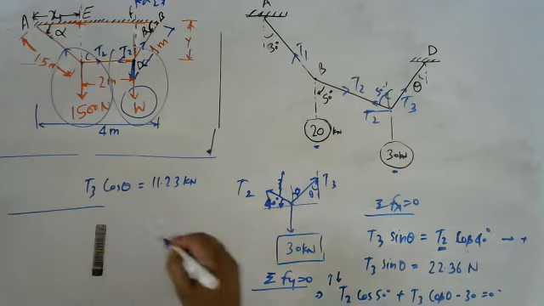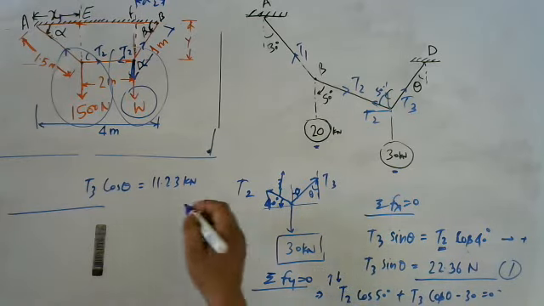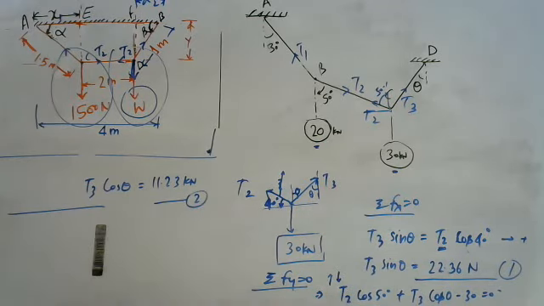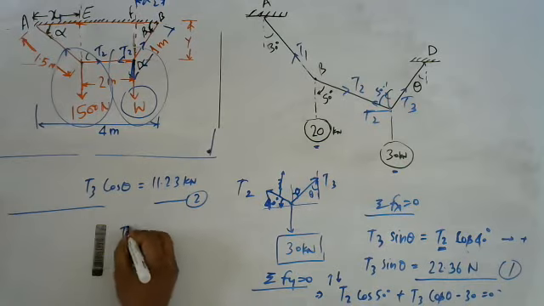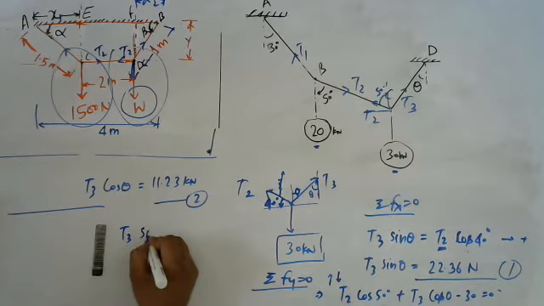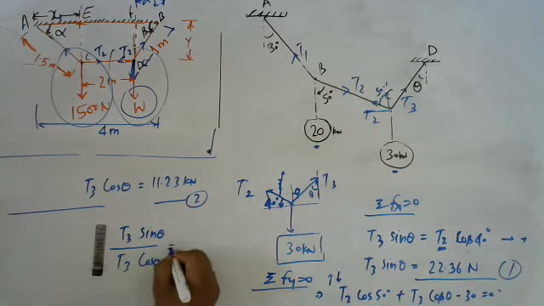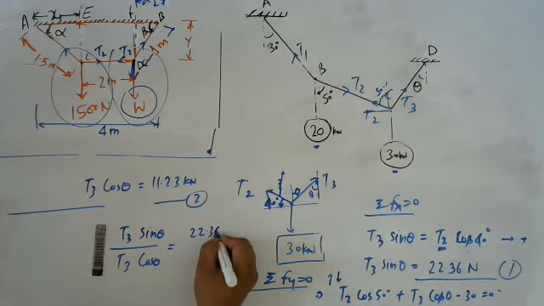So from equation number 1 and equation number 2, I can write here by dividing, T3 sin theta over T3 cos theta is equal to 22.36 divided by 11.23.